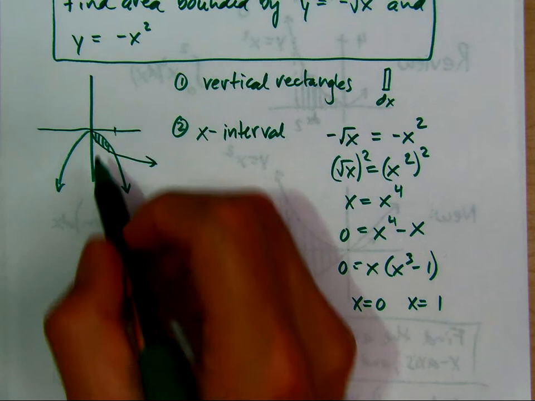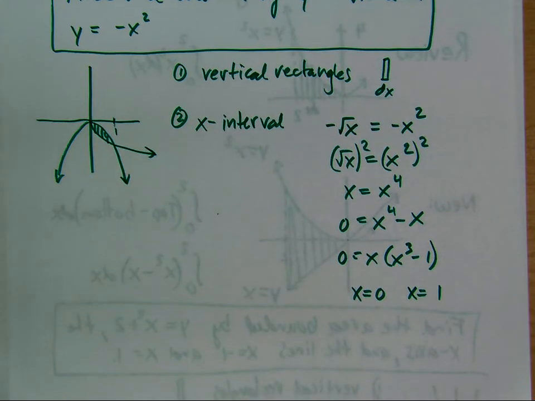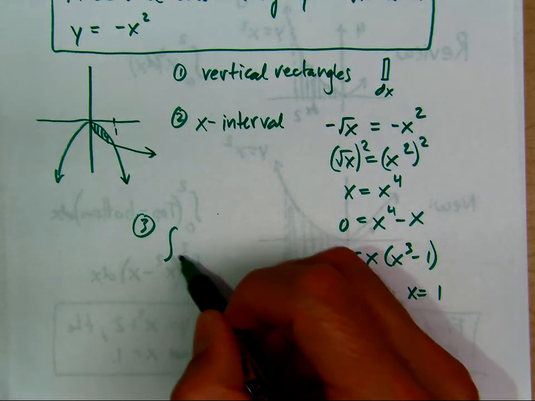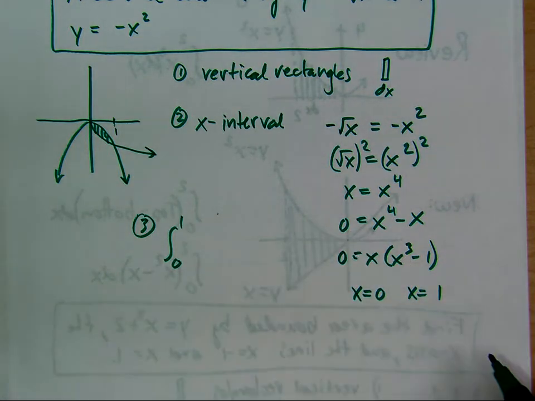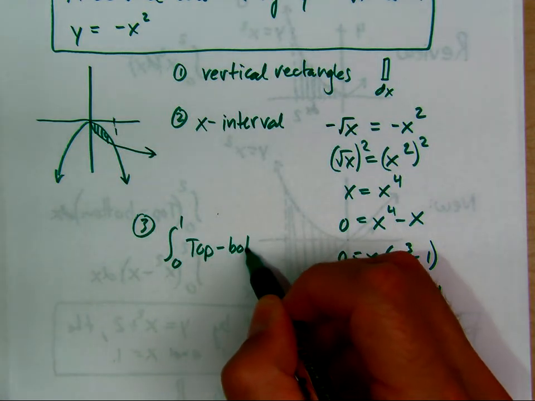We know that the intersection is at 1. And step 3 is find the area from 0 to 1. And we're going to do top minus the bottom.